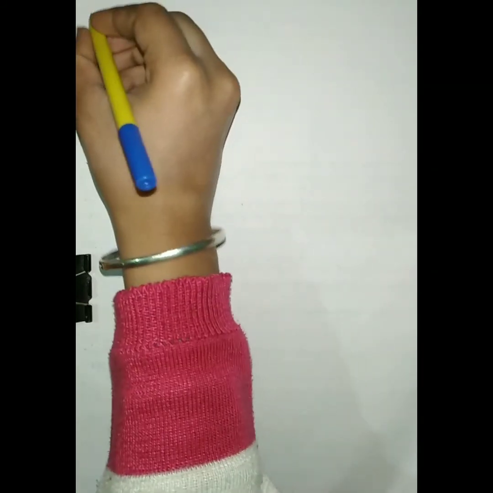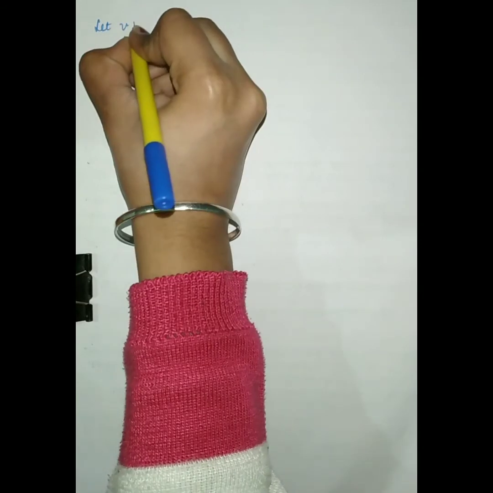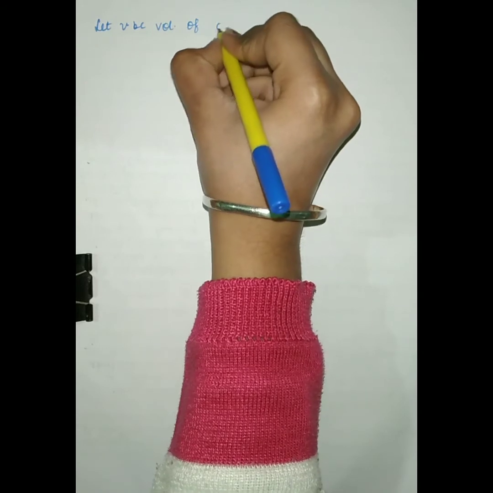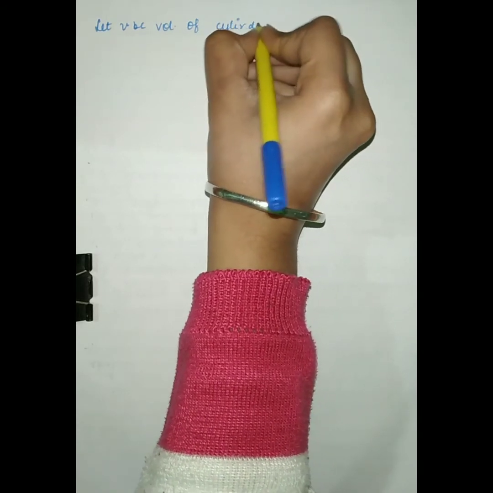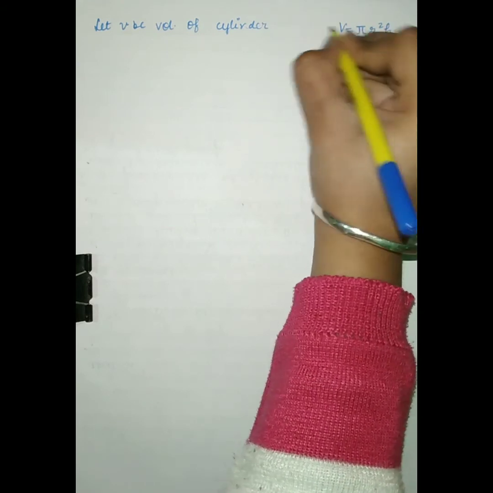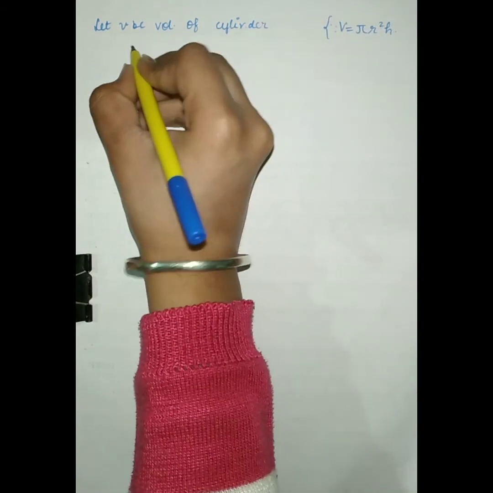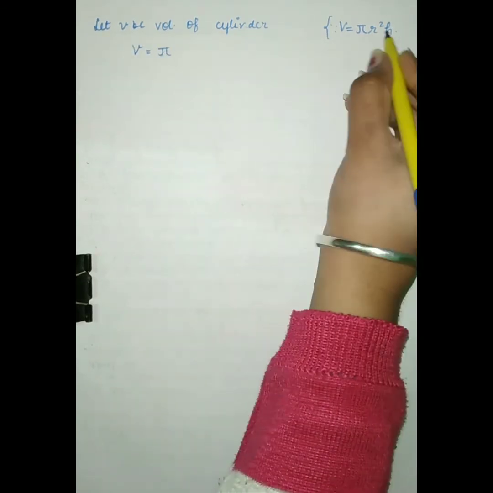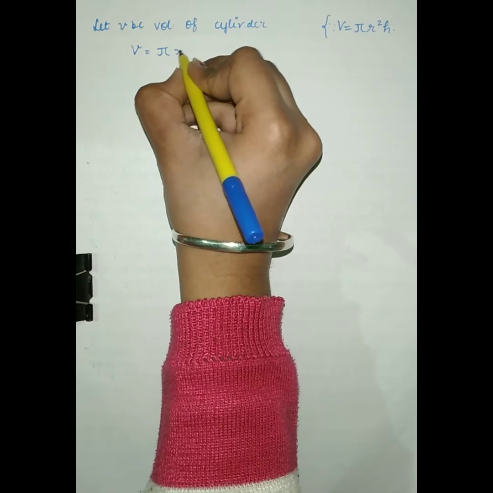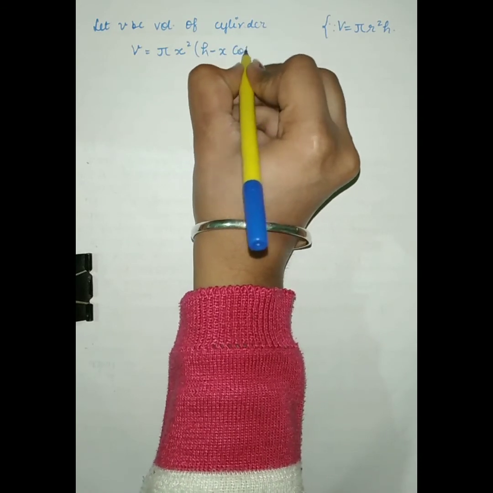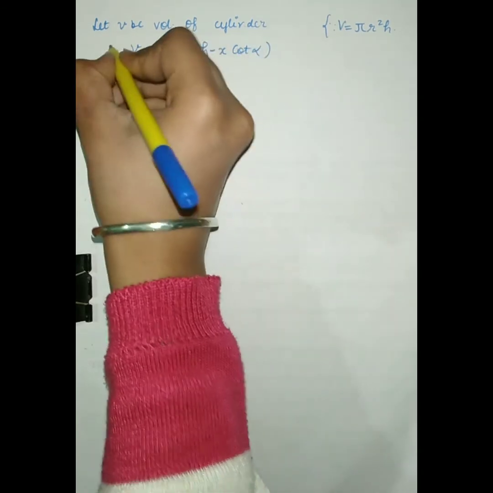Now let V be the volume of the right circular cylinder, which is equal to pi r squared h. That means V will be equal to pi x squared into (h minus x cot alpha), since the radius of the cylinder is x. So this is the volume.